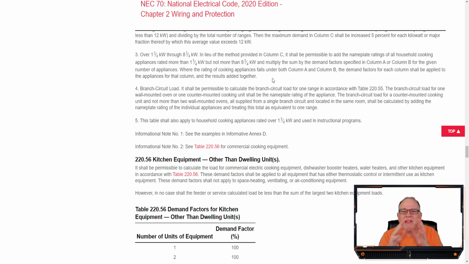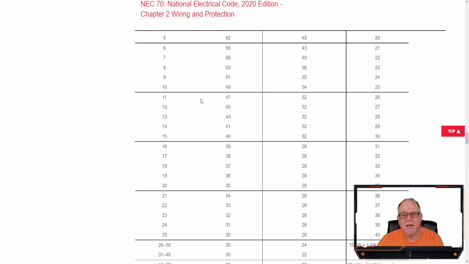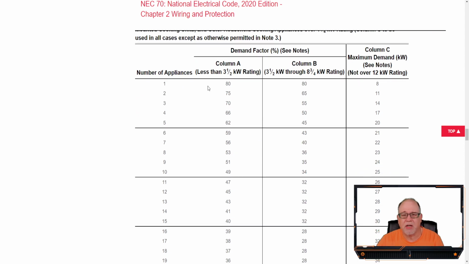So if they fall within 1 3/4 and not more than 8 3/4, then this note can be utilized. Then basically what you do is you take the nameplate ratings of the household cooking appliances that are rated more than 1 3/4, but not more than 8 3/4, and multiply the sum by the demand factor specified in Column A or Column B. So if your cooking unit falls in A and you only had 1, you would take the nameplate, multiply it by 80%, and that's your value.